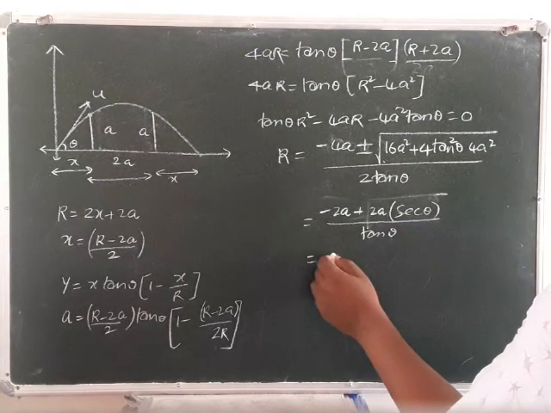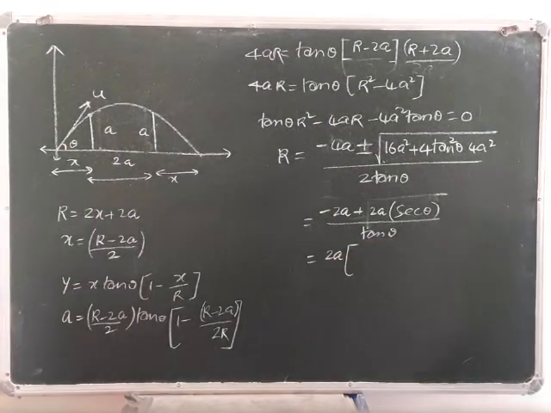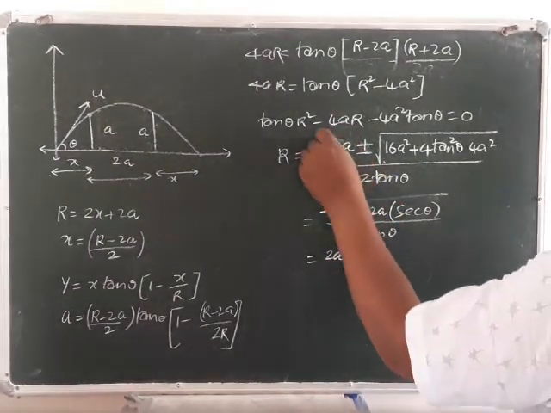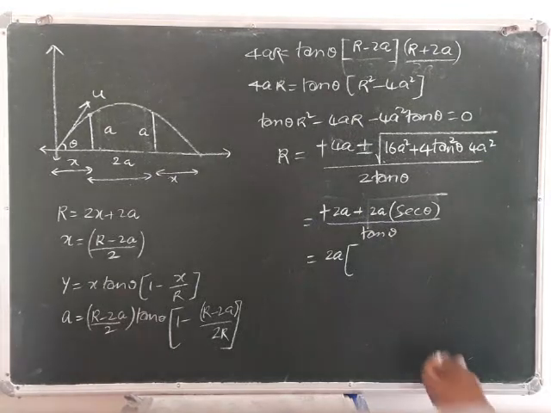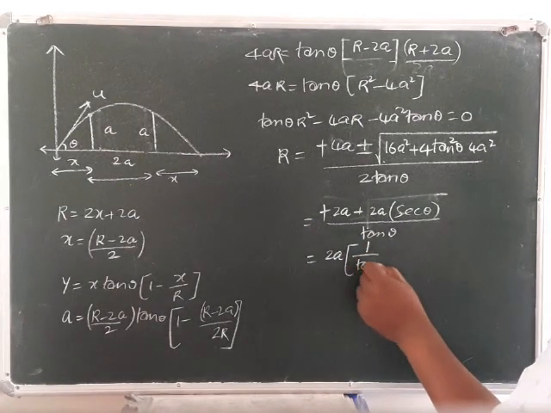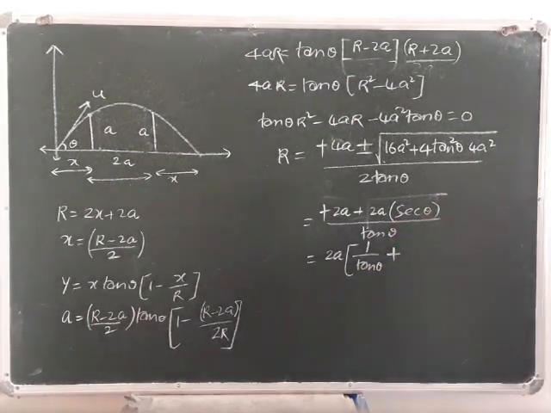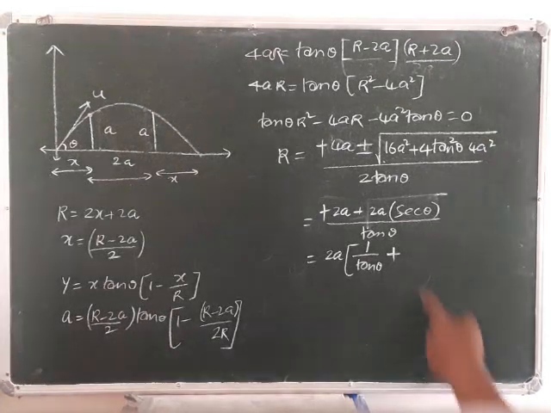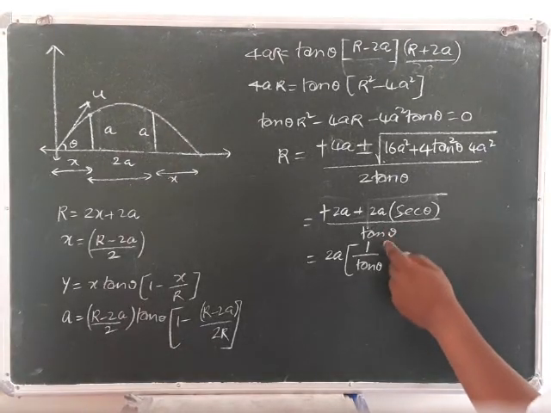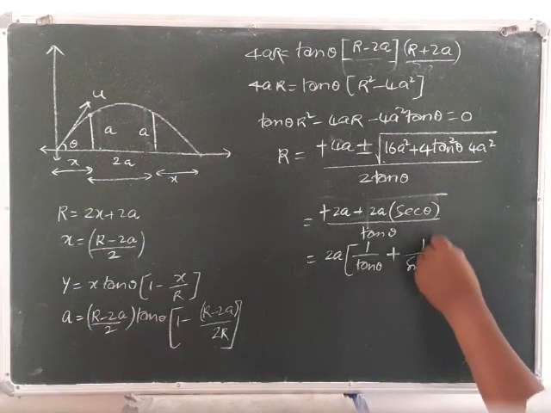So by taking 2a as common, minus b, here minus of minus is plus, and taking 2a common, 1 by tan theta plus secant theta, meaning 1 by cos theta, sin theta by cos theta gets cancelled and the remaining term is only sin theta.